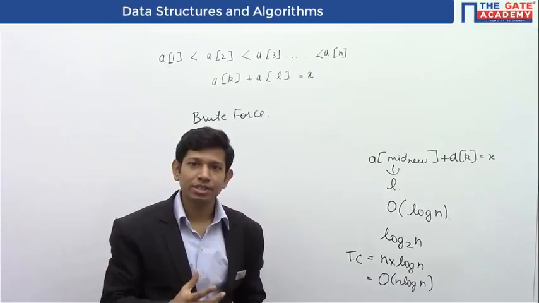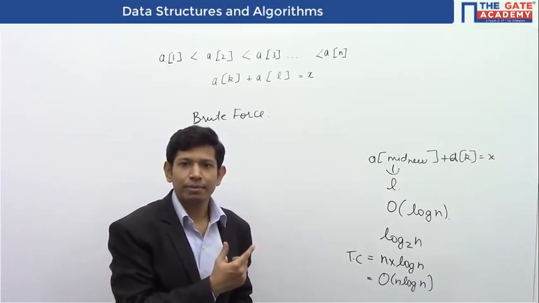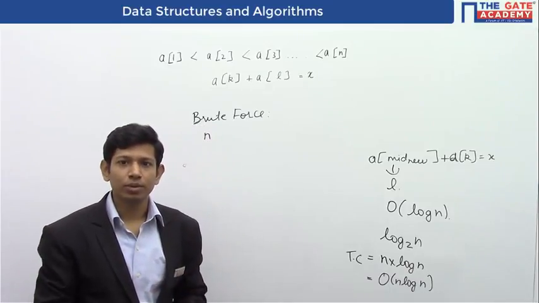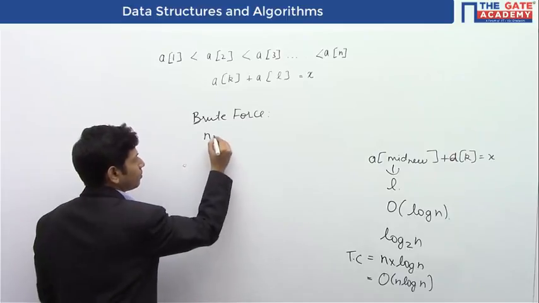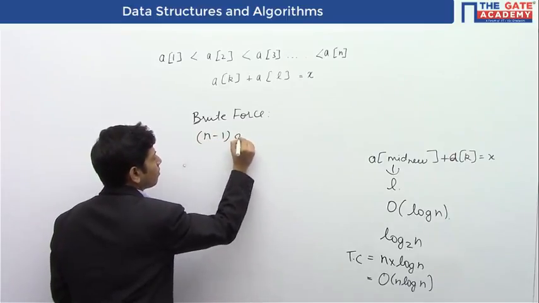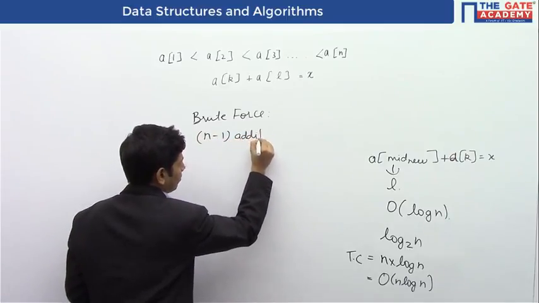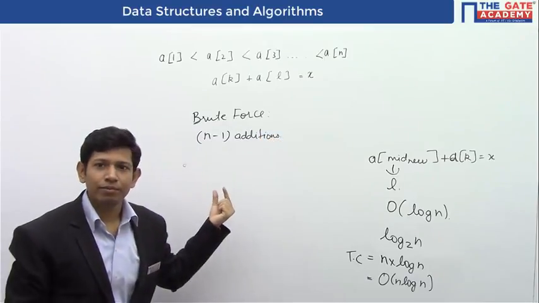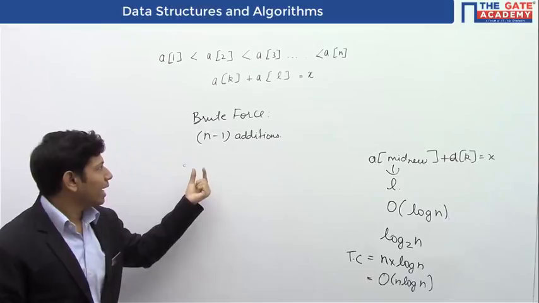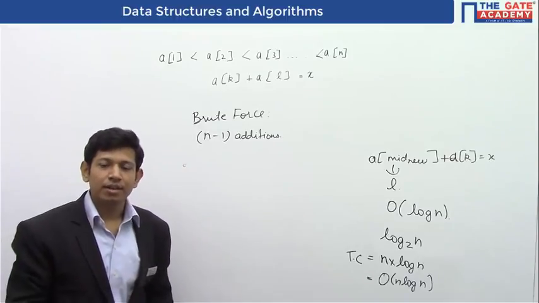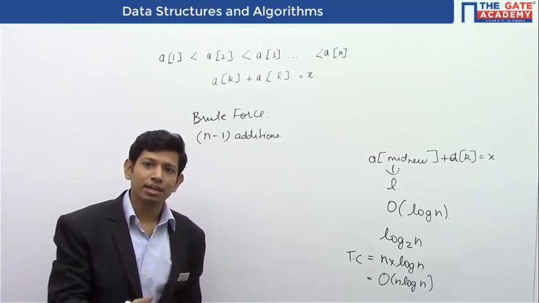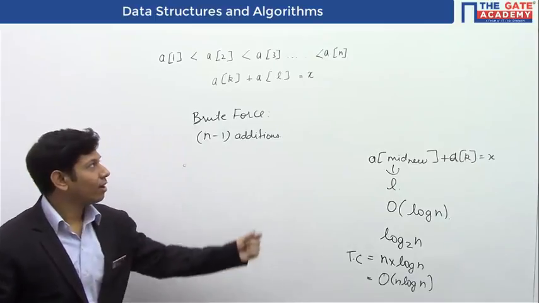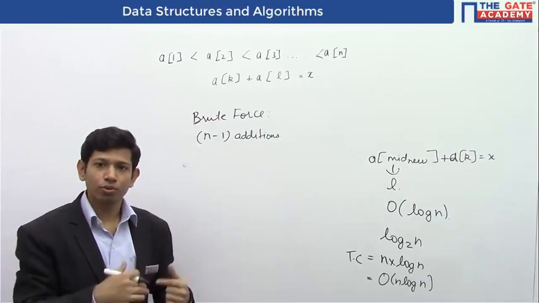So how many additions we have to perform? For one element we have to perform n minus 1 additions, and in the worst case, if our answer is coming in the last comparison, last addition, then how many additions we had to perform before that?